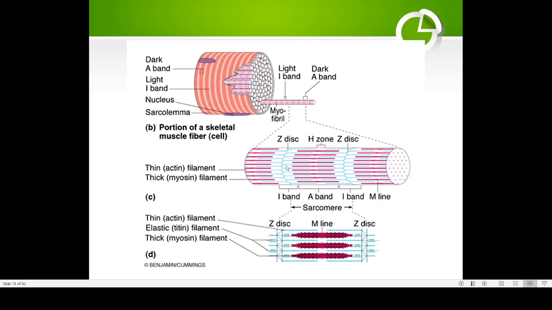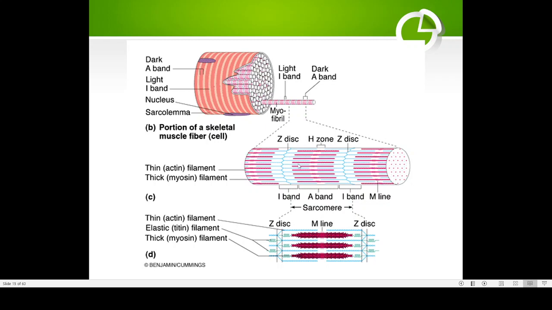Now here look at that. This blue line is indicating the actin protein. At the center of the blue line we can find a darker portion. That darker portion is known by the name Z disc. And similarly here also, at the center of the actin protein, we can find a darker region which we call the Z disc.